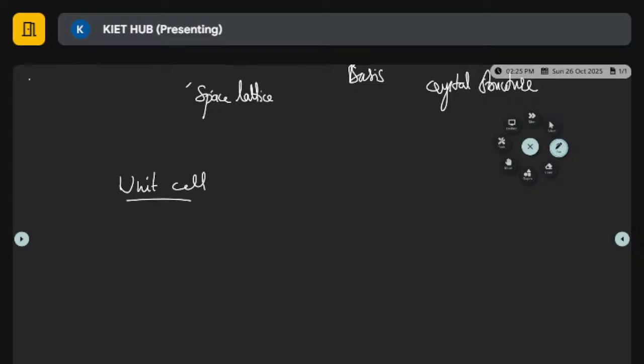Based on that conclusion, the final product is made. So what is the unit cell? The fundamental building block. By repeating it in 3D, the final crystal is obtained, and it gives complete information about the crystal.